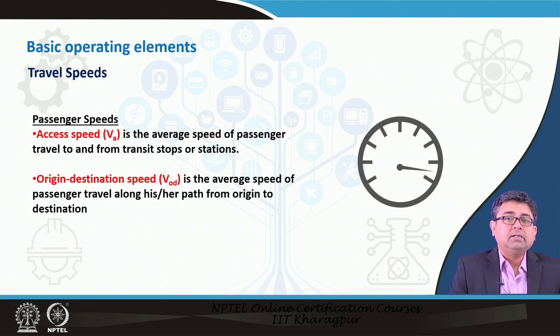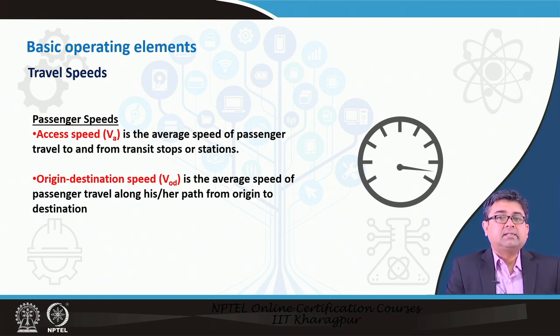Then the origin destination speed is the average speed of the passenger travel along his or her path from origin to destination. This is the total origin to destination speed, which will also have access speed and speed on the transit line. We have already looked at speed on the transit line.